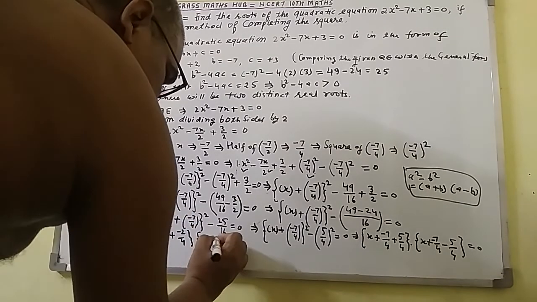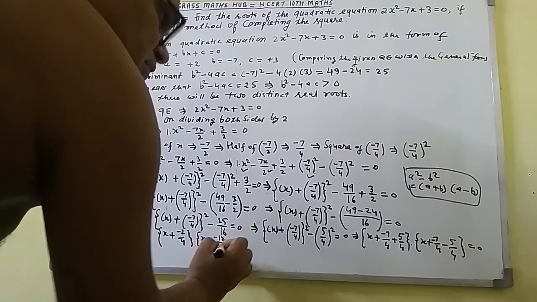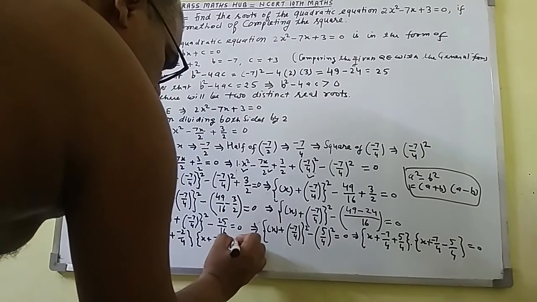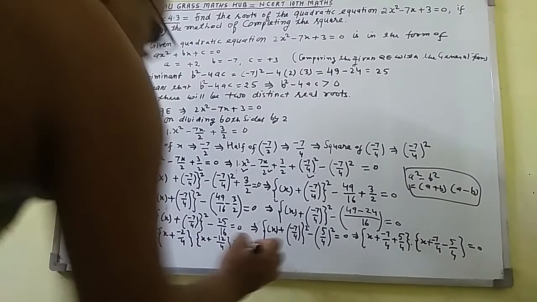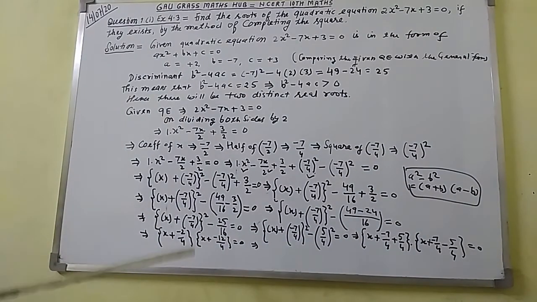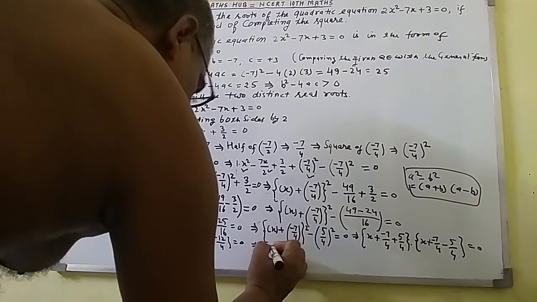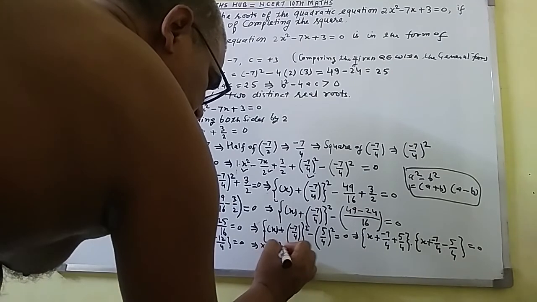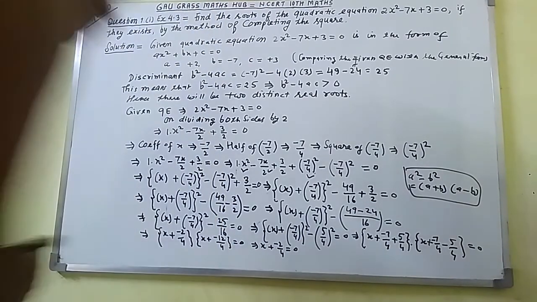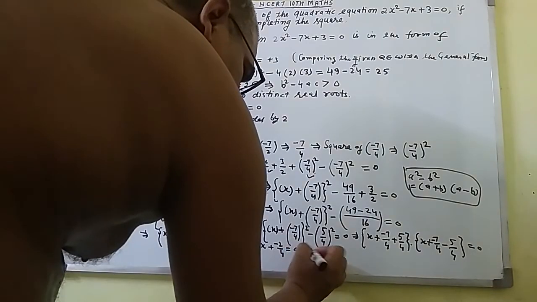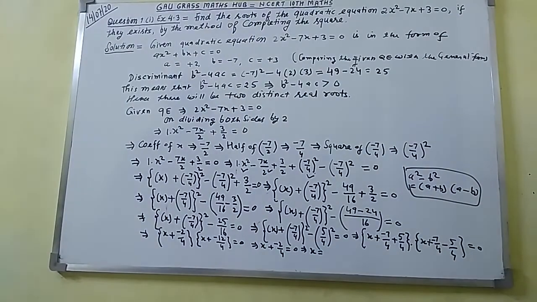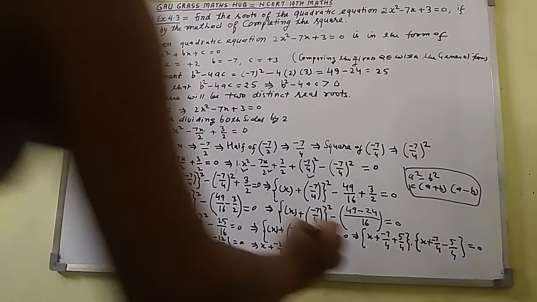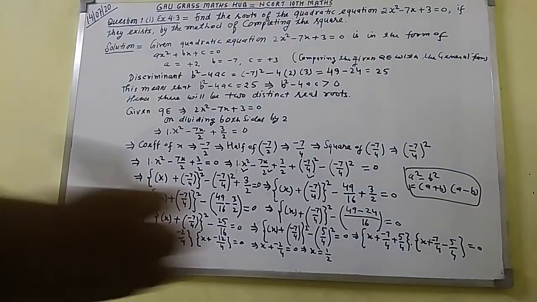So write minus 12 over 4. This will be equal to 0. Implied that from here you will get x plus minus 2 over 4 equal to 0. So x equals, minus 2 by 4 comes to this one. So this will become x equal to 1 by 2.